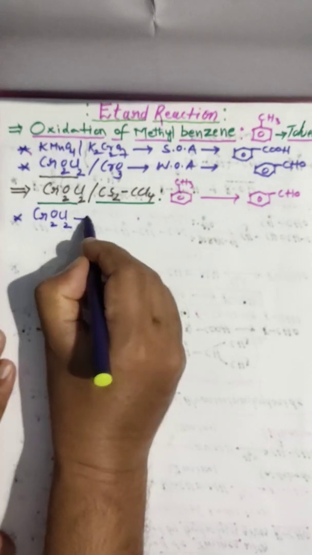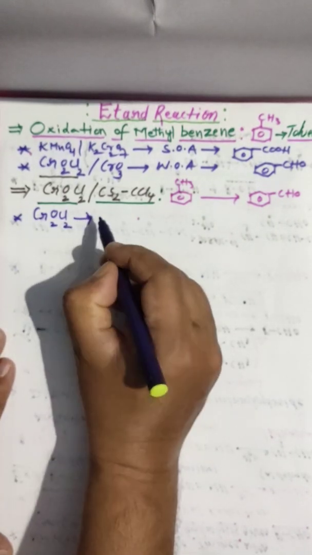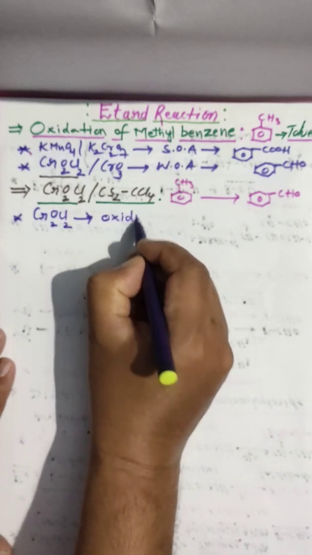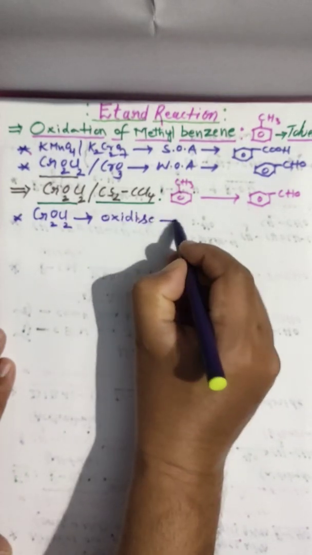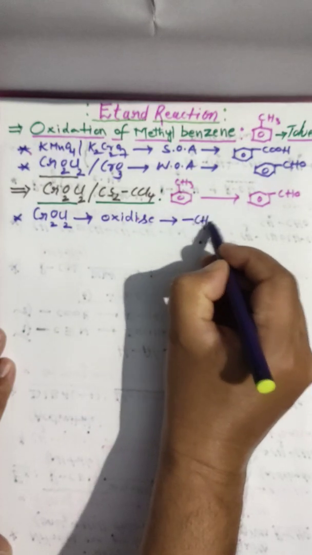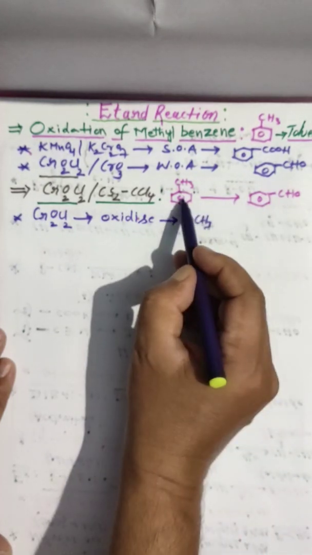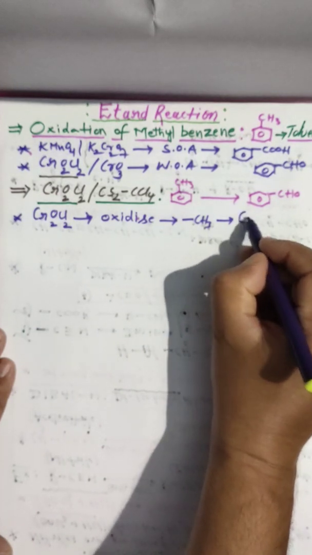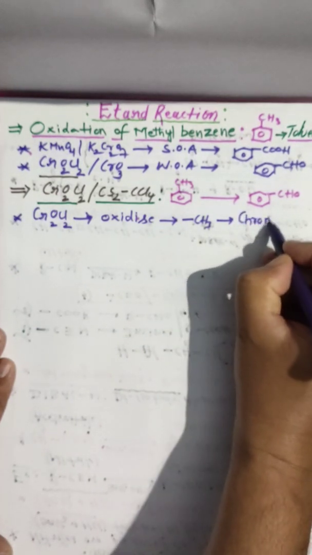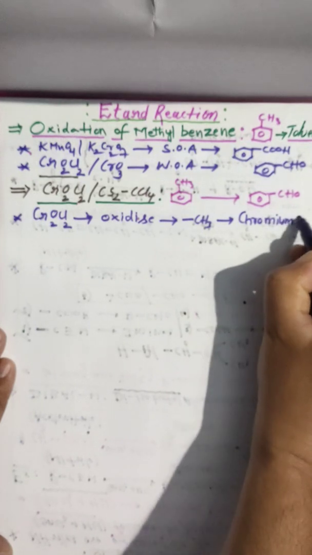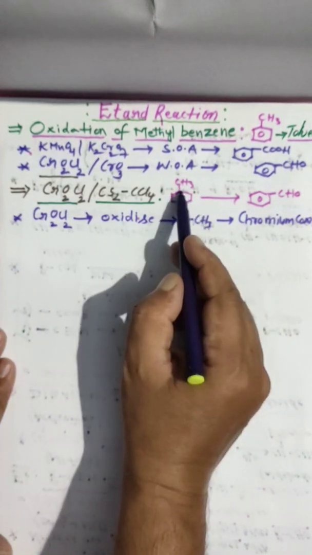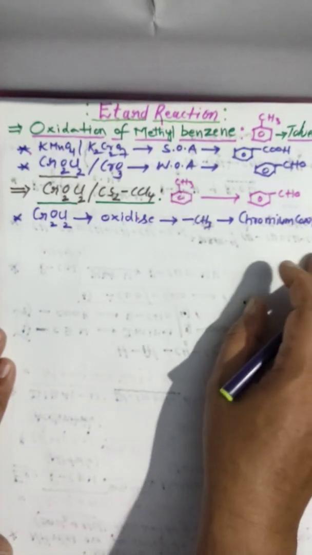This chromyl chloride oxidizes the methyl group of toluene to a chromium complex.